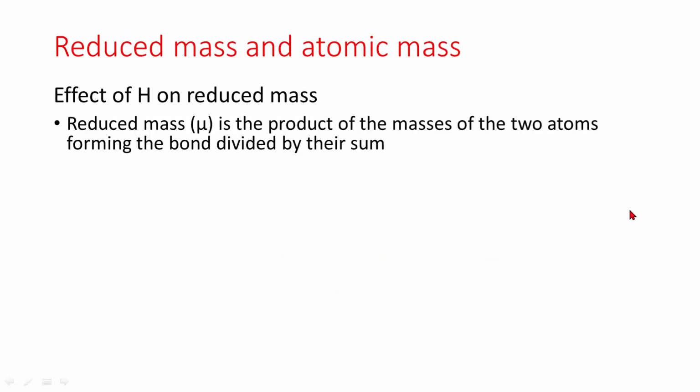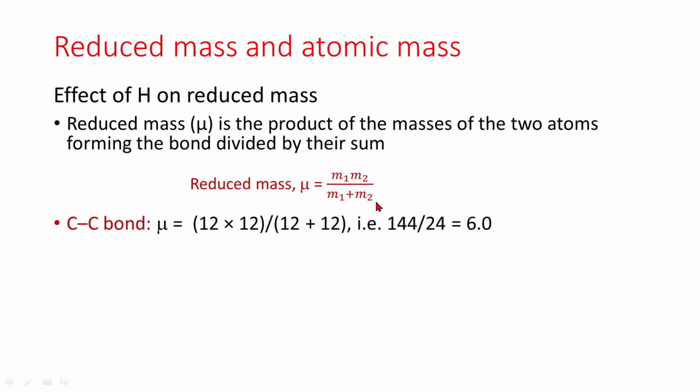Reduced mass and atomic mass. Effect of hydrogen on reduced mass. Reduced mass is the product of masses of two atoms forming the bond divided by their sum. Reduced mass for carbon-carbon bond is 6.